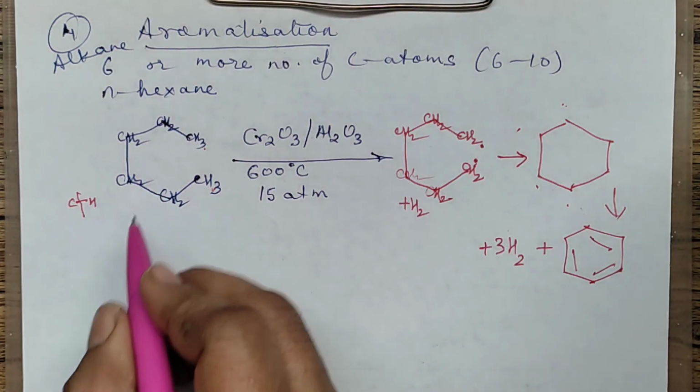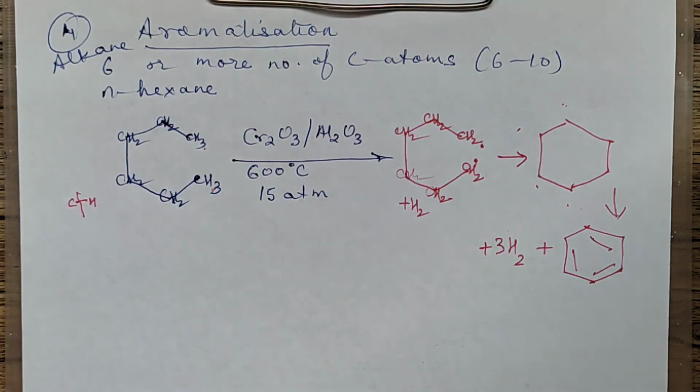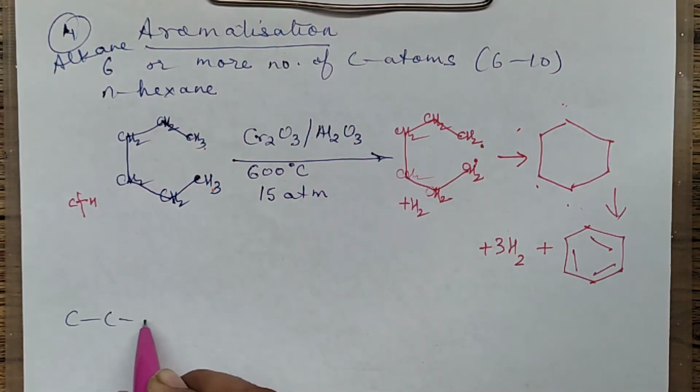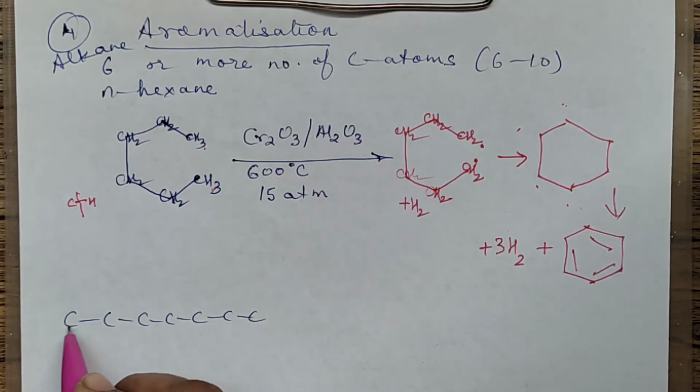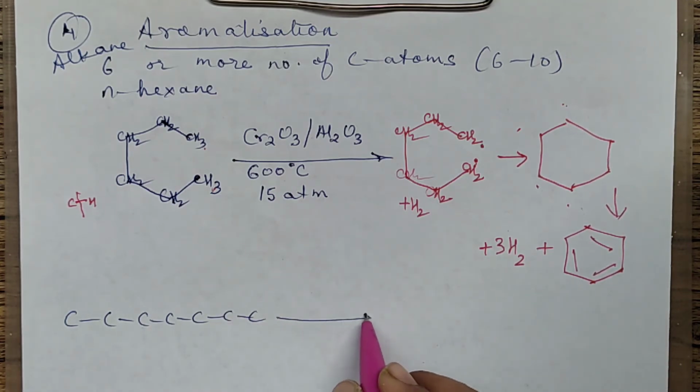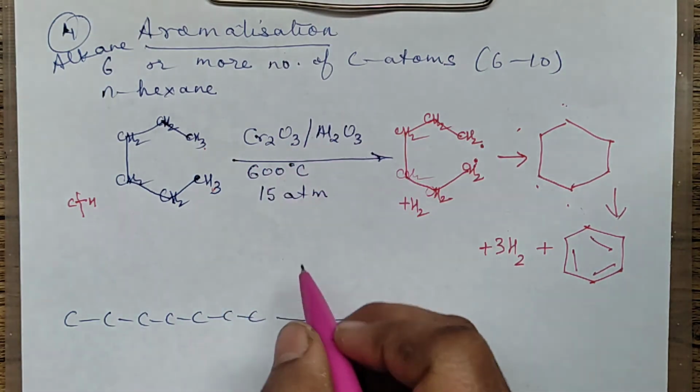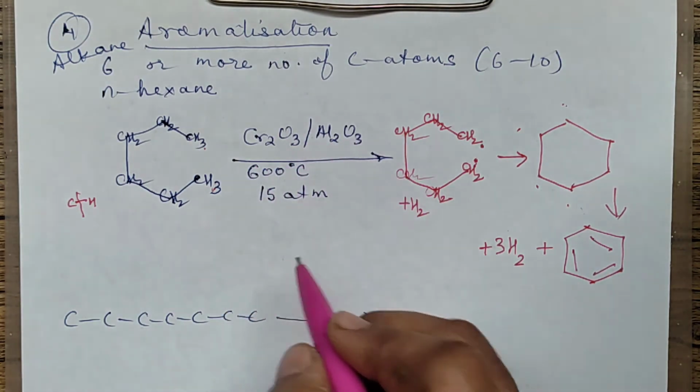Suppose you take 7 carbon atoms, then what might happen? Suppose you have taken heptane. Then heptane means you are having 7 carbon atoms, that is 1, 2, 3, 4, 5, 6, 7. So 7 carbon atoms you are taking in the presence of the same chromium oxide, aluminium oxide, temperature, pressure.